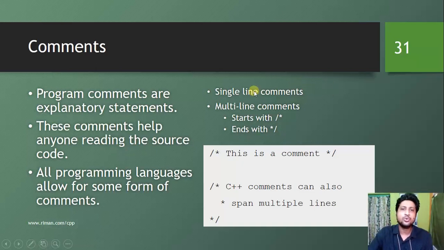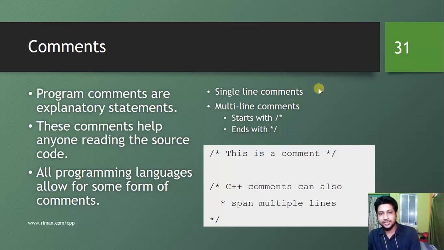There are two types of comments: single line comments, which start with a double slash and end with a new line, meaning whenever you move to a new line, it denotes the end of that single line comment. Whereas a multi-line comment starts with a slash star and ends with a star slash.